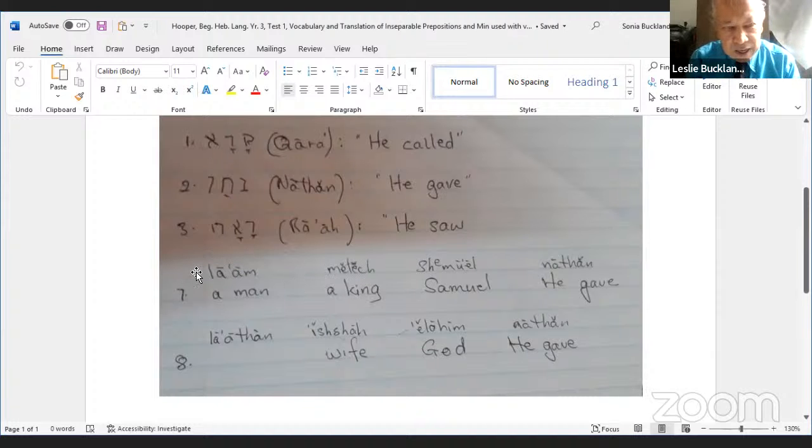And now you have the indirect object here, which tells us to whom a king was given. To whom did Samuel give a king? And the inseparable preposition begins the indirect object part of the sentence. There is La'am. Now let us take this word apart and see what it means.